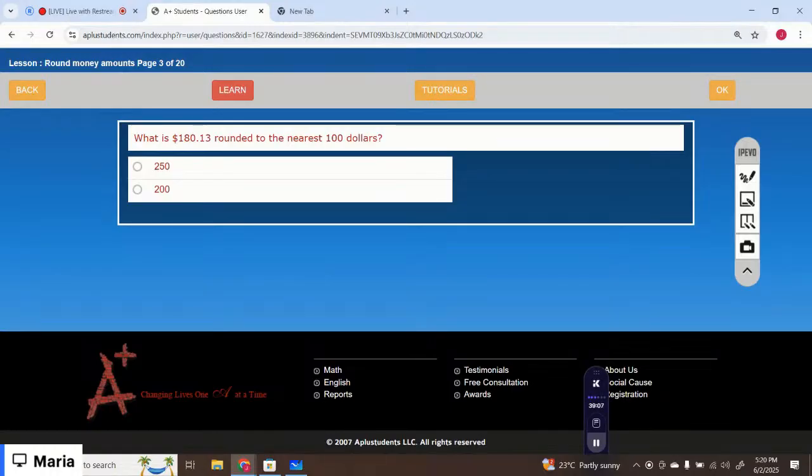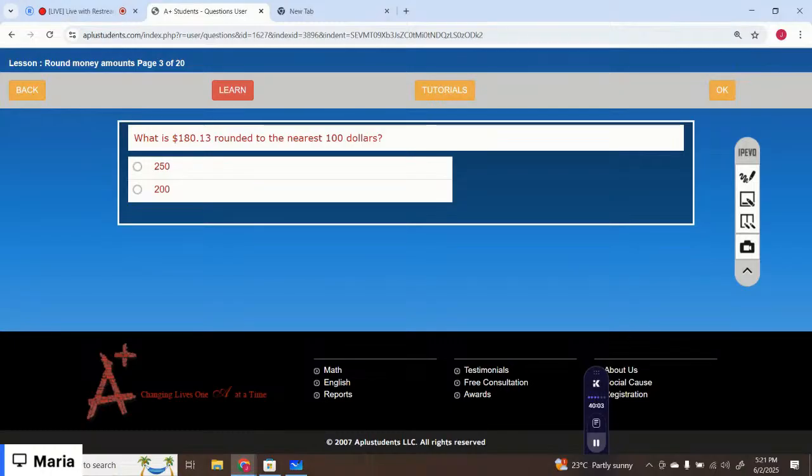What is 180.13 rounded to the nearest $100?